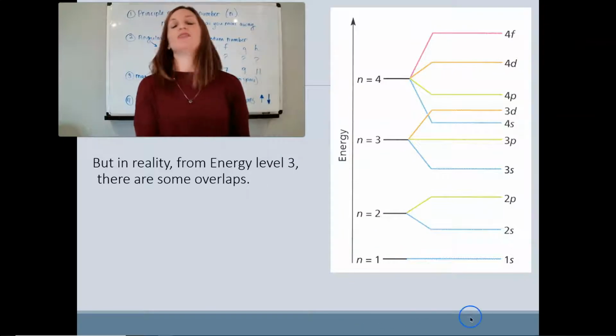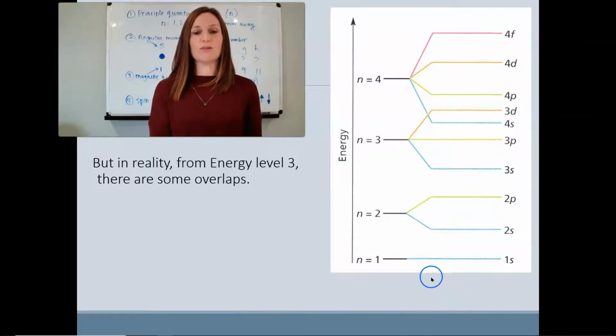So as we look at this structure of the atom, remember that our nucleus is down here. 1S fills first, and then 2S fills, and 2P.